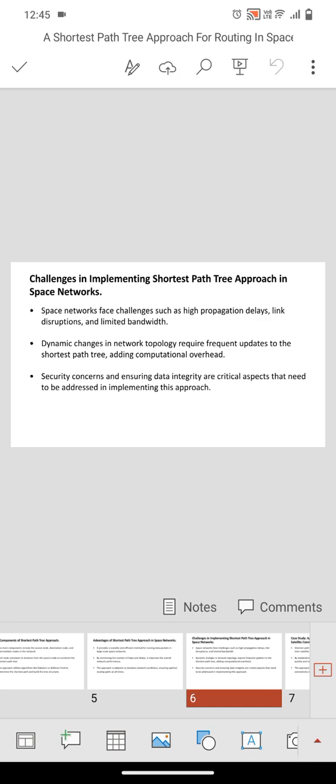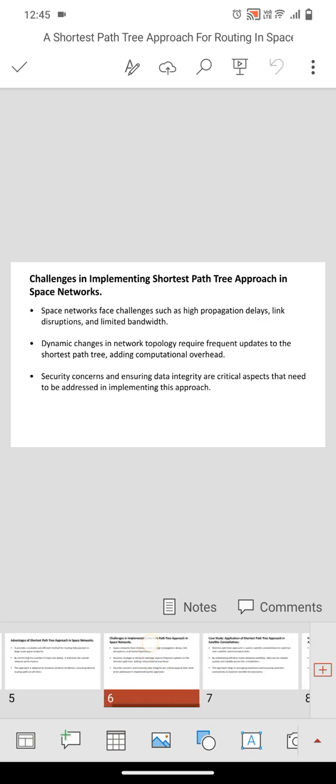Security concerns and ensuring data integrity are critical aspects that need to be addressed in implementing this approach. These are the challenges in implementing the shortest path tree in space networks.